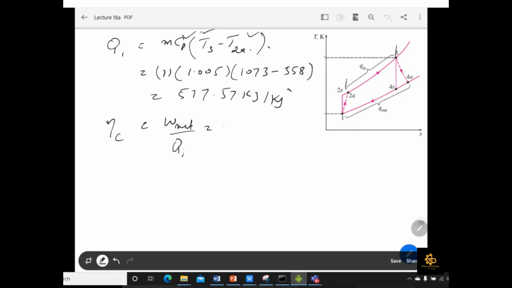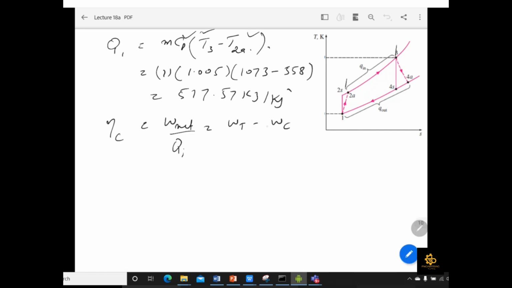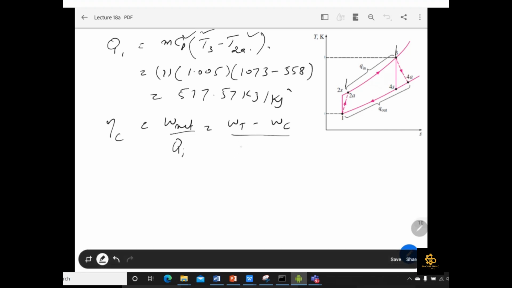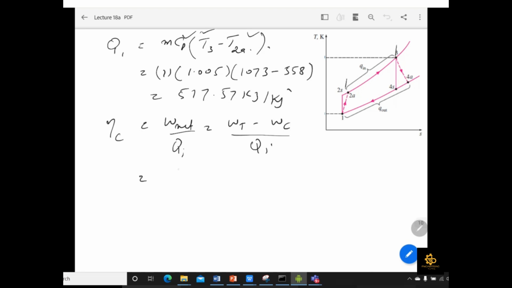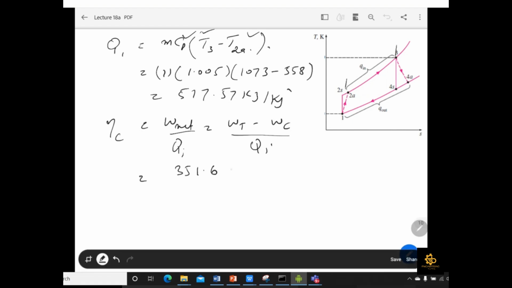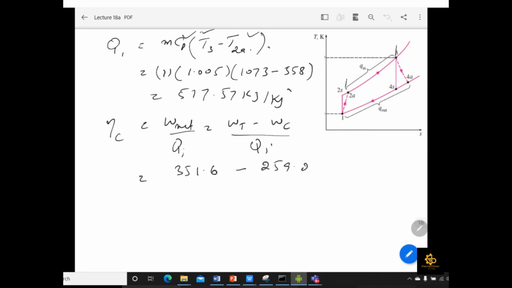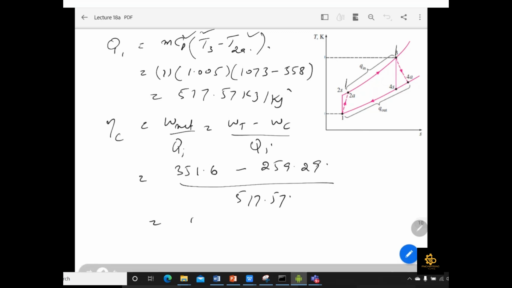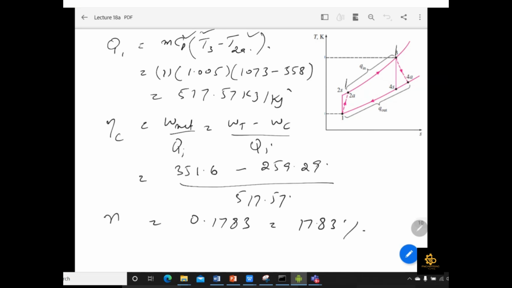W net is the turbine work minus the actual compressor work. 351.6 is the turbine work, the actual compressor work is 259.29, and Q in is 517.57. Solve it and you will get the value 0.1783, which is equal to 17.83% efficiency of the cycle.